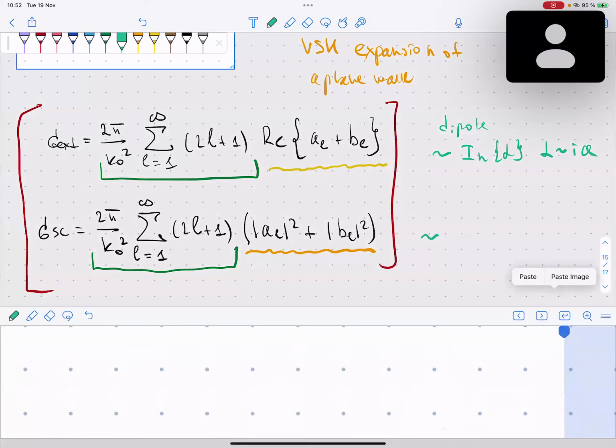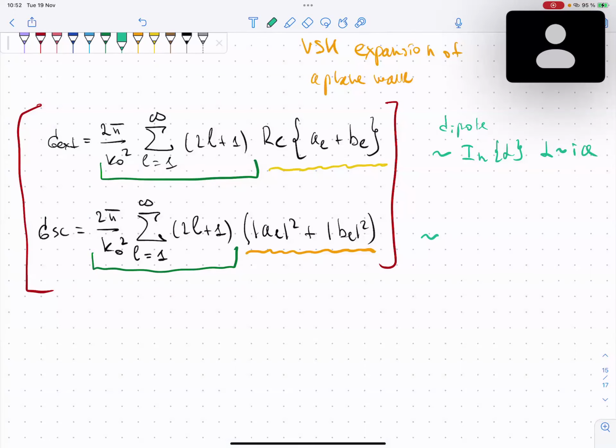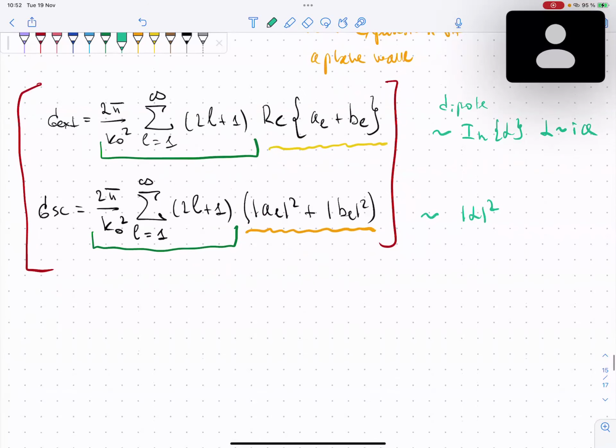And the scattering is proportional to the square modulus of alpha for the dipole. So you can see here one very important thing: if you look at the scattering cross-section, it is an additive quantity.